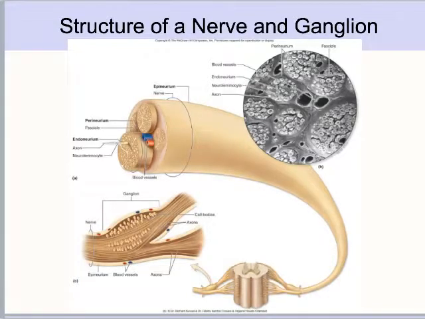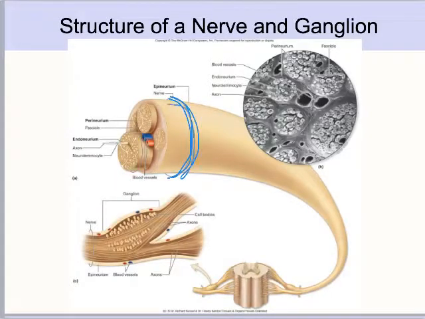Now, the structure of a nerve and a ganglion. I want you to know the layers. If you look at this picture, here's the epi.